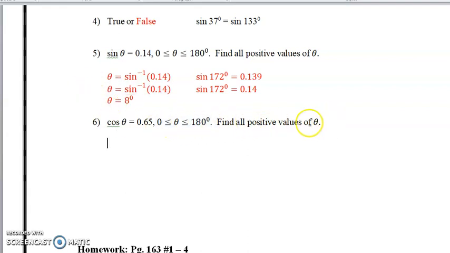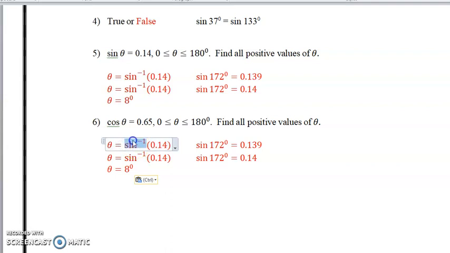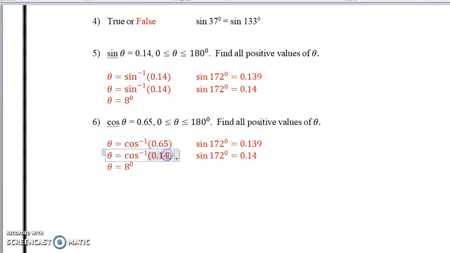Last one here, cos. We're going to find all the values that give us 0.65, so we're going to do the same thing. I'm just going to steal all this, and I'm going to use cos instead, so just bear with me, it'll save me some typing. Cos 0.65. That's going to be cos, and I'll change that angle in a minute.